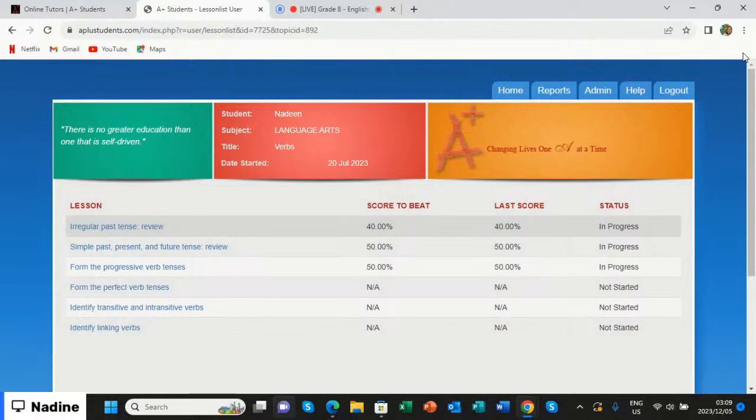All right. So verbs, right? A verb is a doing word. It's an action. And we have verbs that show the different tenses, which can either be in the present, in the past, or it can even show in the future.